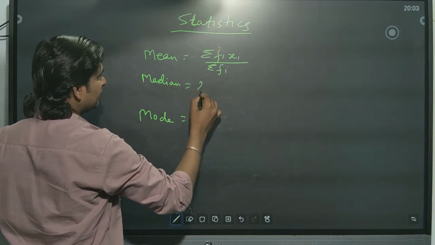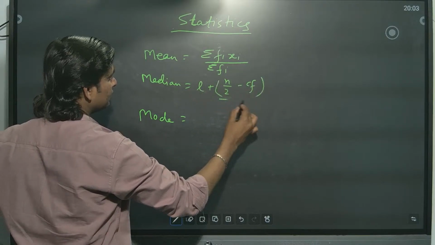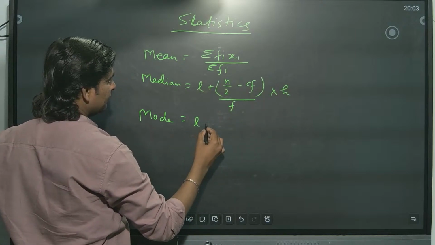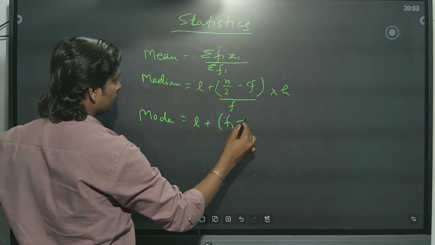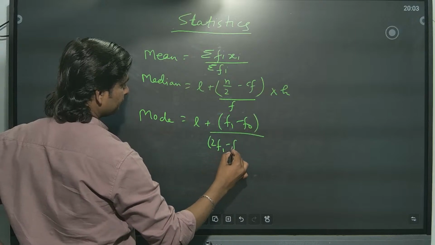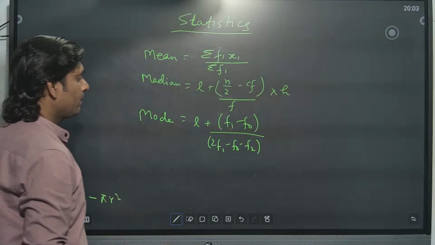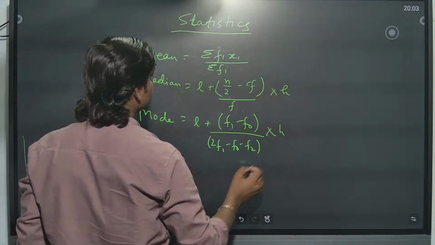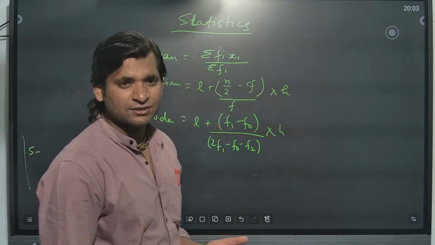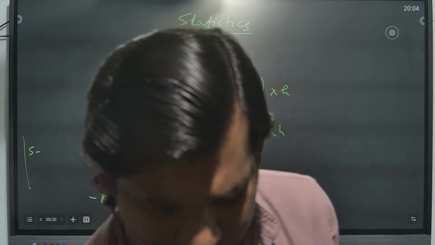For median, L plus n by 2 minus Cf by f into h. For mode, L plus then 2f1, into h. These are the formulas we have to use and solve the numericals.